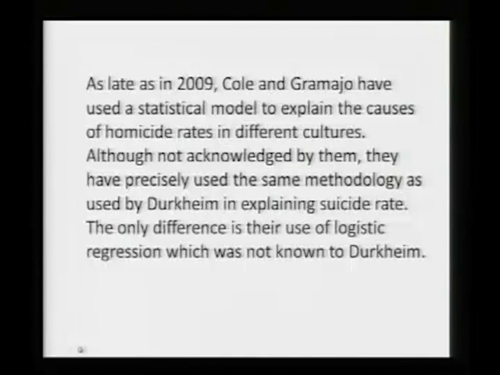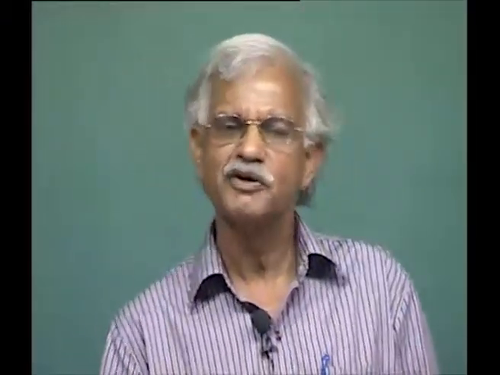As late as in 2009, Cole and Gramajo used a statistical model to explain the causes of homicide rate in different cultures. It is interesting. So far, whenever we discuss something about quantitative methods in sociology, we refer back to one study of Emile Durkheim, and that was suicide.